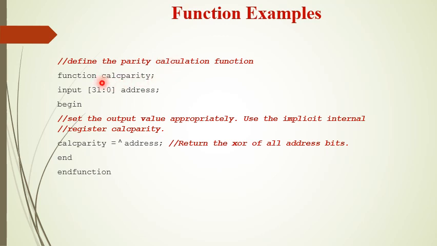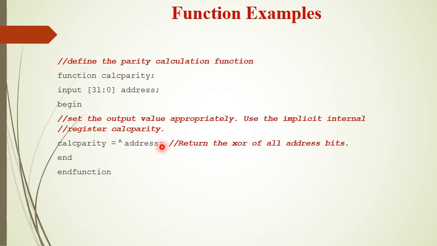So the register that is going to be implicitly declared is calc parity only. So I say calc parity equal to reduction XOR address. It is going to form the XOR of the address bits, and as you have seen, if there is an even number of ones, then the XOR value will be 0, and if it is odd number of ones, the XOR value will be 1.